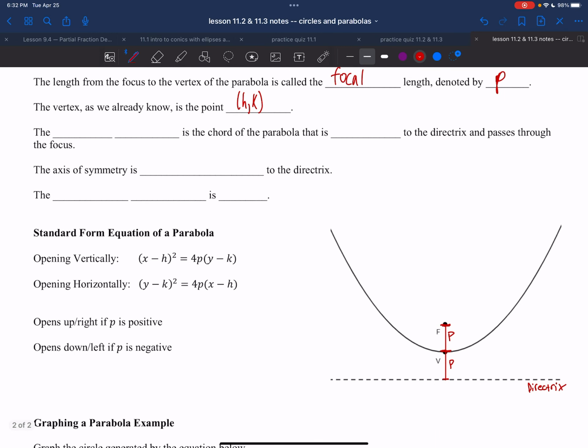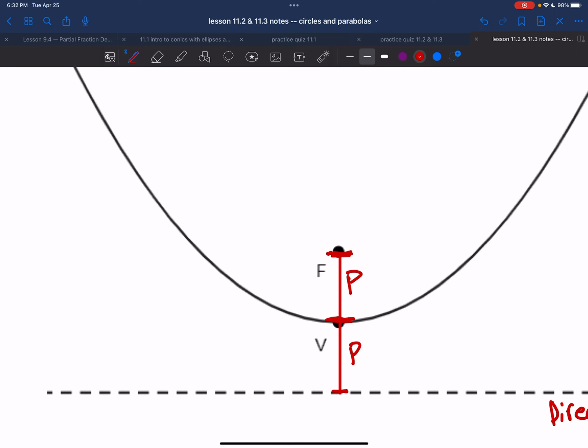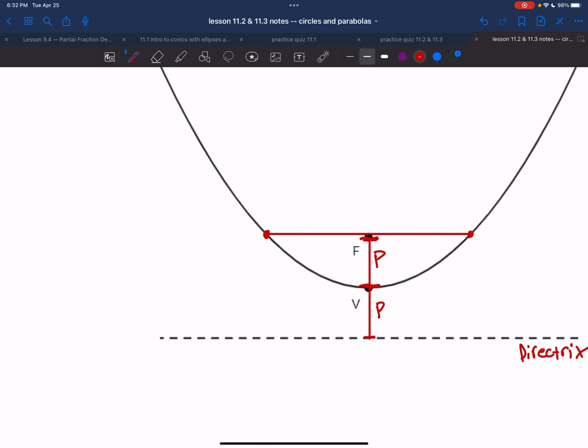Some chord of the parabola. I'm going to fill in these blanks in a second. But if I draw a chord from here to here, that length is parallel to the directrix and goes through the focus.